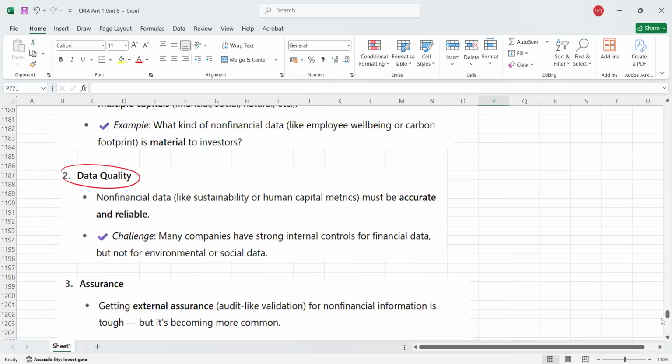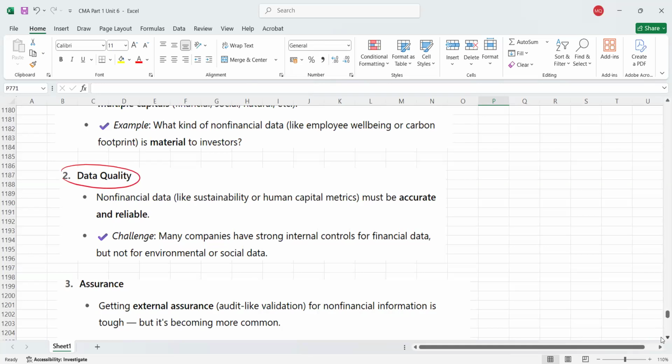We always try to collect accurate and reliable information which should be part of the report, but this is a challenge for the organization. For example, many companies have strong internal controls for financial data but not for environmental or social data, right? So data quality is again a question here that can create a challenge for the organization.